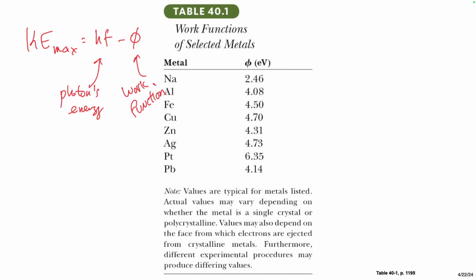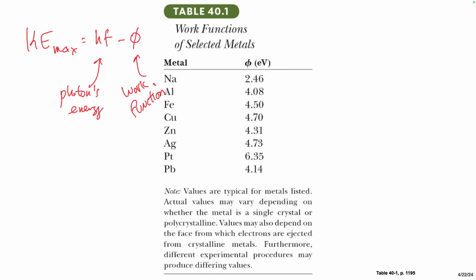So if your photon gives the charge enough energy to get off the metal, it can just barely get off, right? If the photon energy were equal to the work function, everything would be even. You would just barely make it to the top of the fence. Anything extra that the photon gives will turn out to be kinetic energy. Will end up being the energy of the charge moving off and away from the metal.